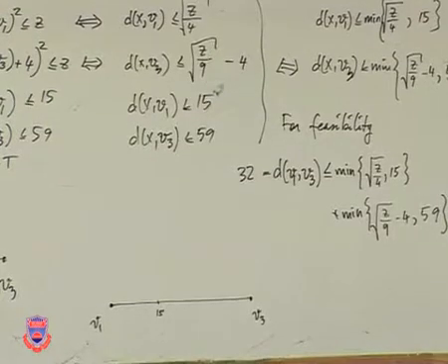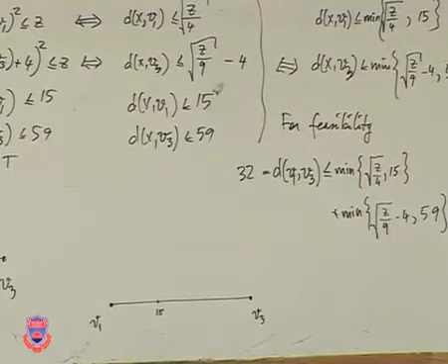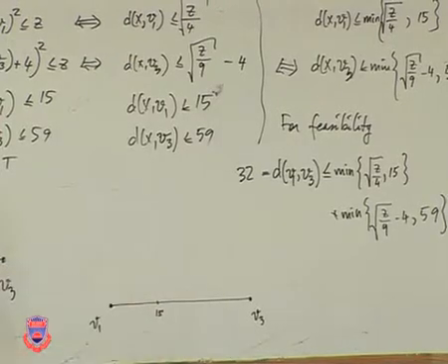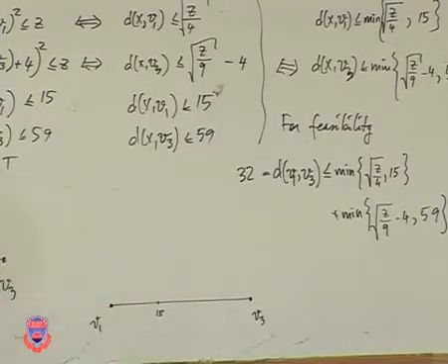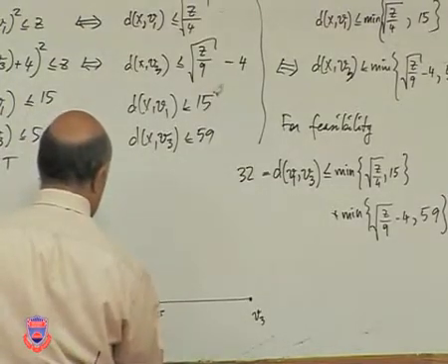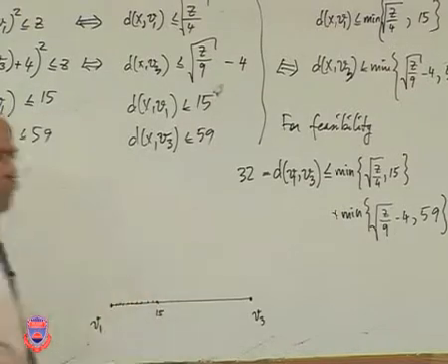U3 is 59. So it's not actually a constraint, so U3 actually includes the entire path here. So I'm not going to do that, but you want to stay in this portion. Okay?